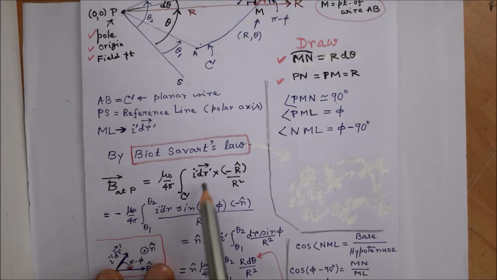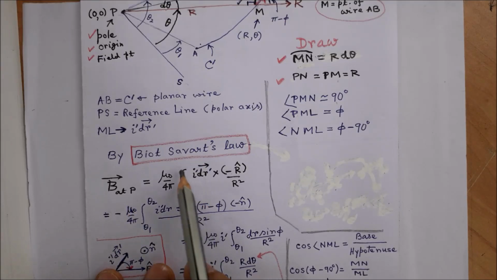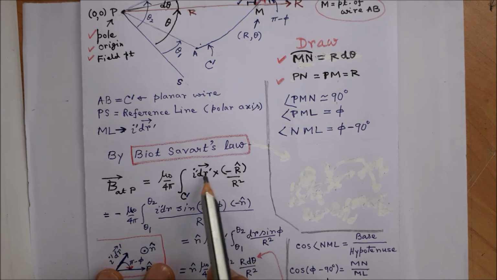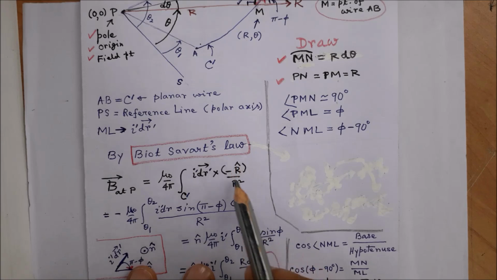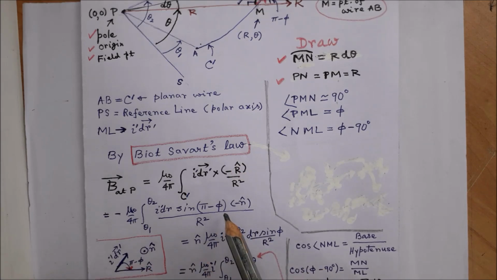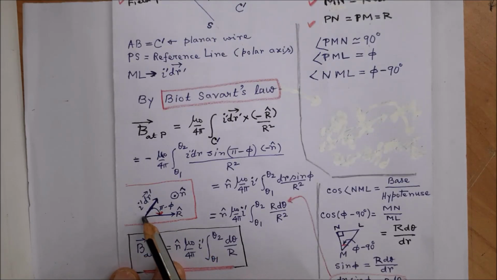So apart from these constants and a negative sign, within the integrand we will have I prime dr prime, sine of the included angle which we showed to be pi minus phi, and r cap, whose mod is 1. If you take a cross product of I prime dr prime and r cap, we end up with a direction which points into the paper, away from the reader.